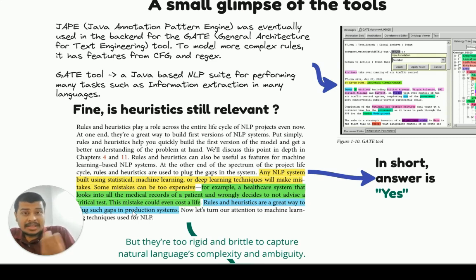Invaluable. That is why even now, hospitals, medical institutions and pharmaceuticals use heuristics and rules for their drug-based NLP tasks and even electronic health record based NLP tasks. So heuristics and rules are still relevant, even in 2025.